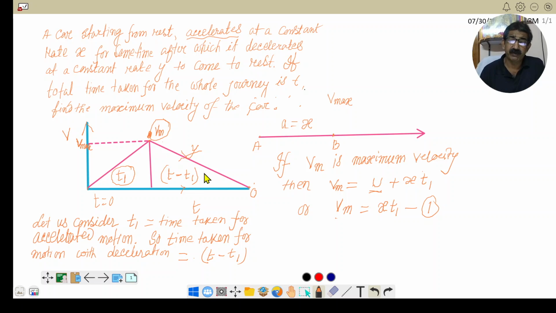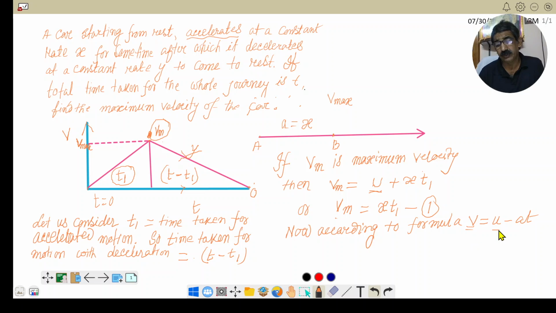You have learned previously there is an equation governing velocity and acceleration during deceleration. Now I am reminding you of the equation. According to the formula, V is equal to U minus aT.